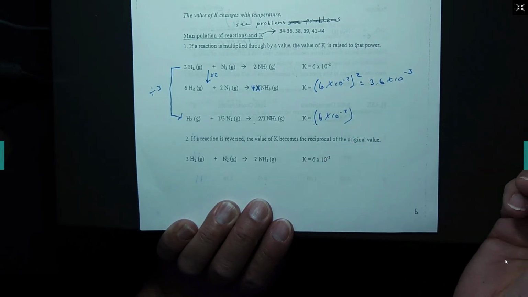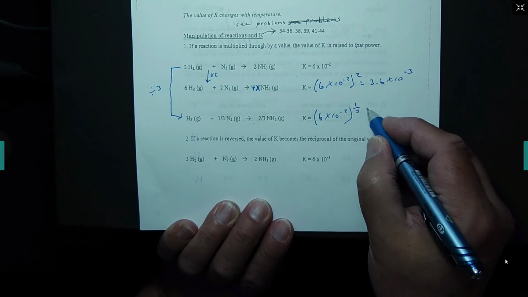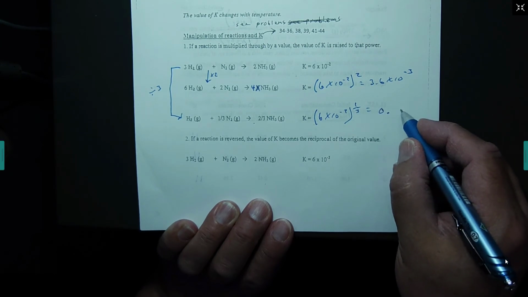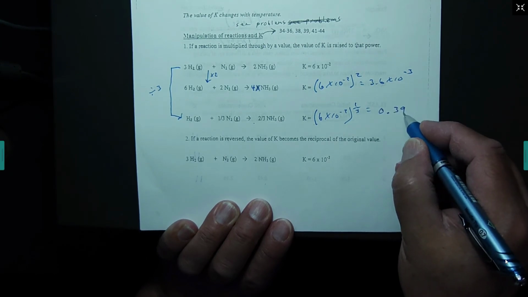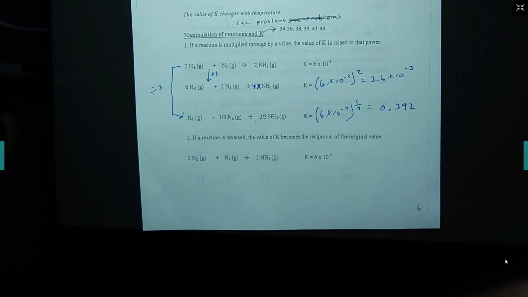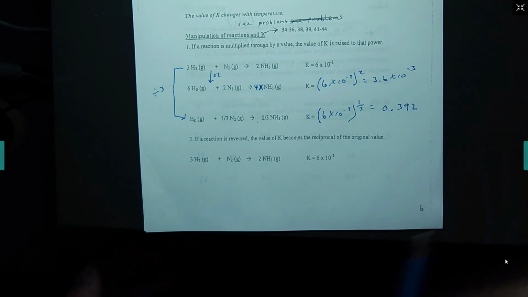How do I raise it? Oh, I raise it to the 1/3 power. And the new value of K is 0.392. So whatever you do to a reaction when you're multiplying through, you raise K to that power. You divide through, you raise it to the fractional power.